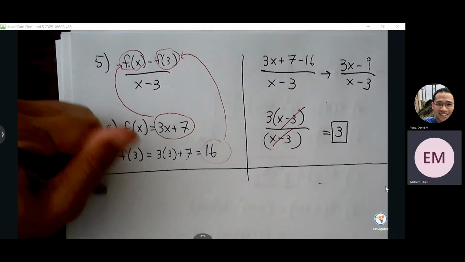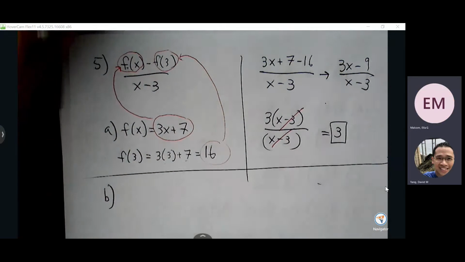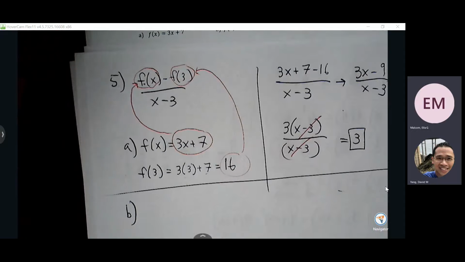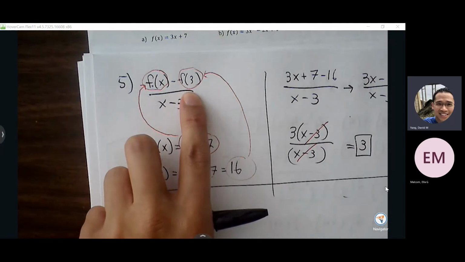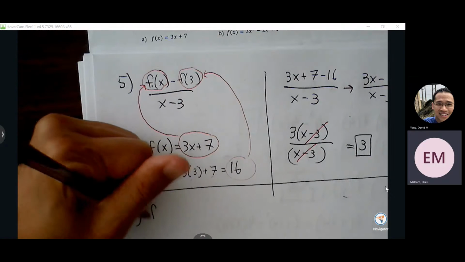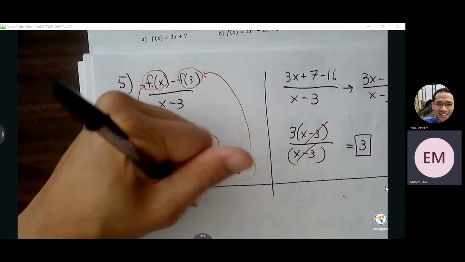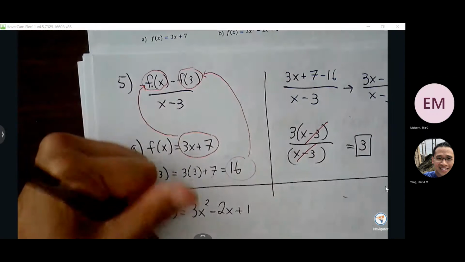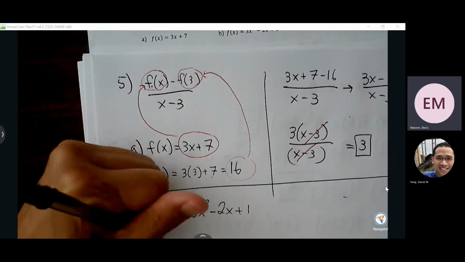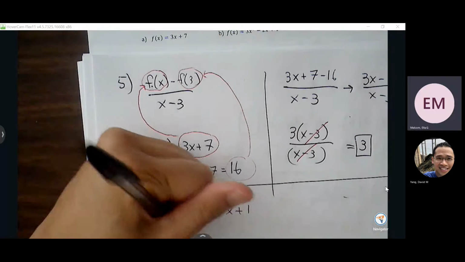I see. Okay. So let's do part B. Same process. We're still doing f of x minus f of 3. Now we just have a different function and a different value. So 3x squared minus 2x plus 1 minus.